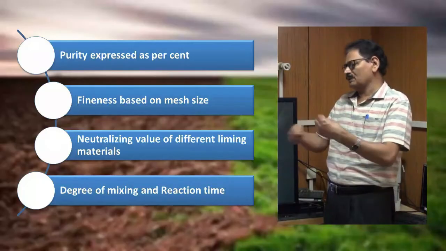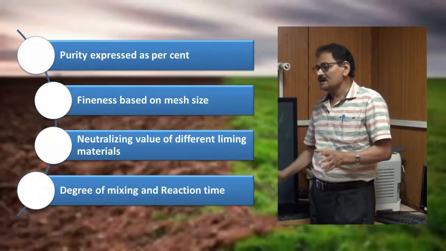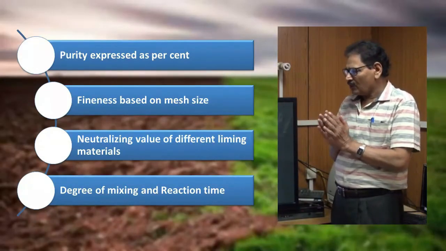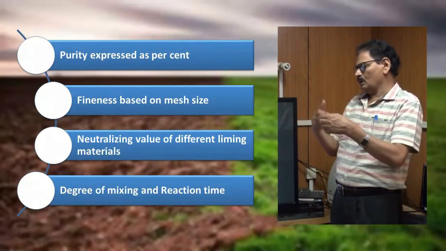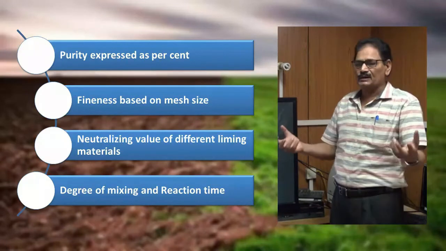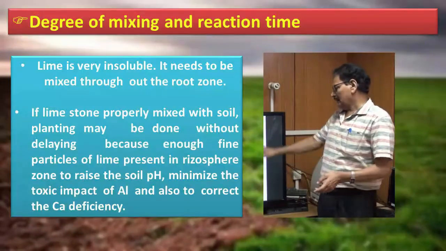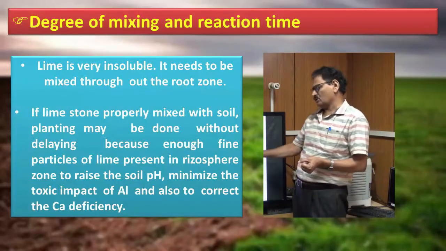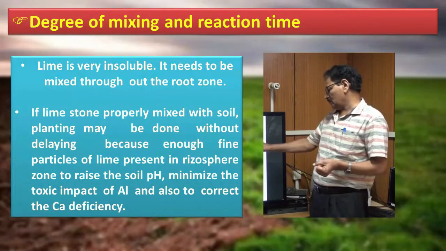Now, degree of mixing and reaction time is the most important: how much your liming material will mix with the soil system, and what is the reaction time, the time our farmers provide to complete the reaction in the soil system. Lime is very insoluble and needs to be mixed throughout the root zone.